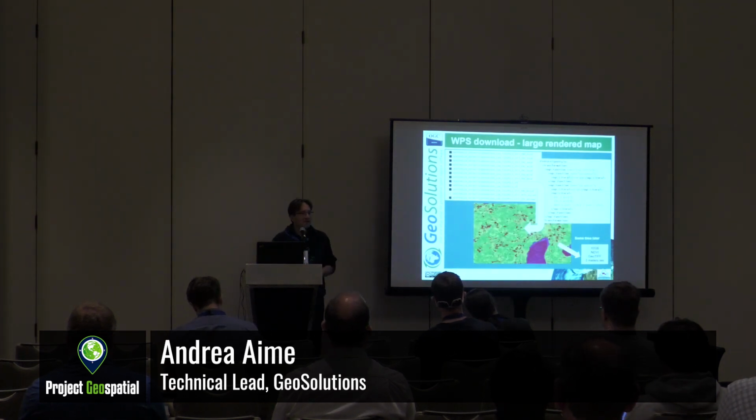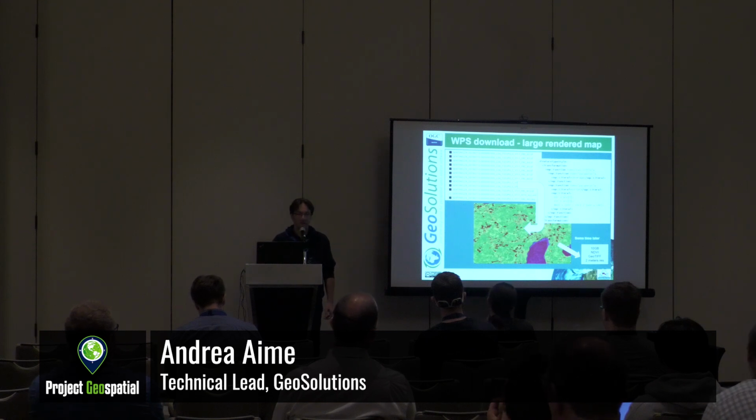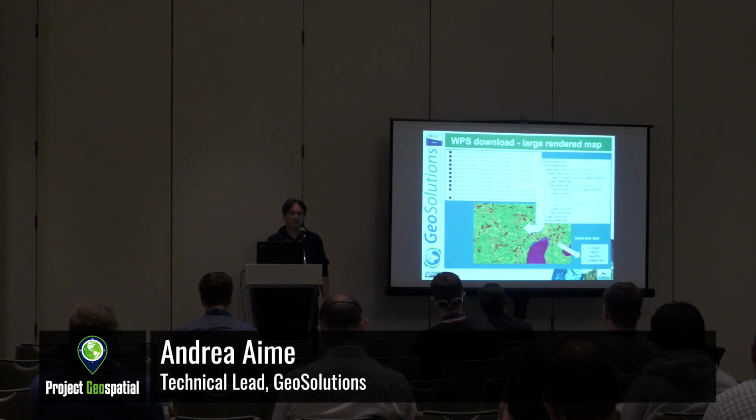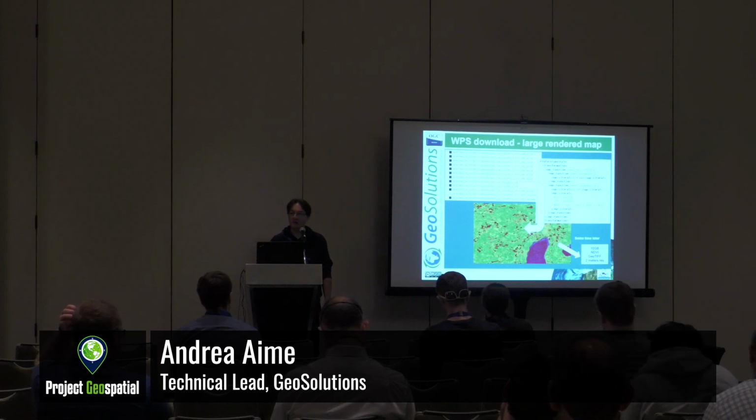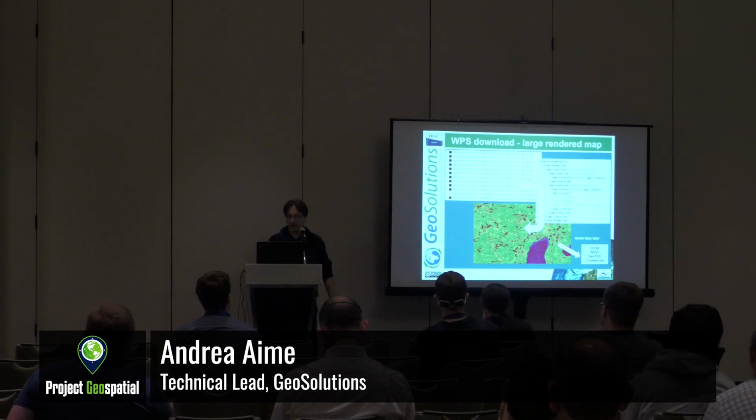If you are interested in large rendered maps, like you would like to have the results that you have through WMS with the NDVI and so on, and you would like to just download the result, but at high resolution, again, you can do it. We have a large rendered map download facility that allows you to basically mimic a WMS request, but at a very large dimension.